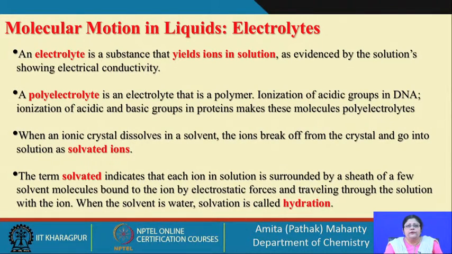I don't know whether you have heard of another term, which is known as polyelectrolyte. Polyelectrolyte means a substance which is going to yield ions in solution. So, what is a polyelectrolyte? A polyelectrolyte is a type of polymer. When you talk about big molecules, big structures, they may also be ionized in a particular solvent medium.